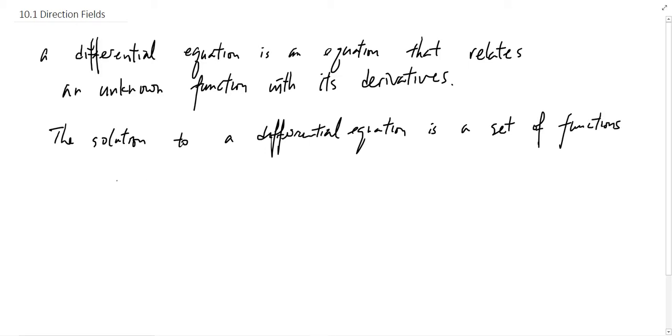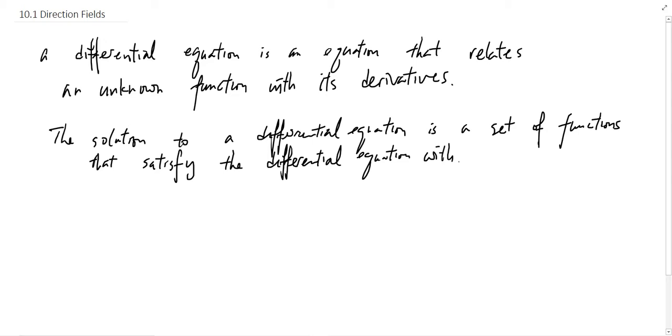So it could be more than one that satisfy, maybe my mistake, this probably should circle with the functions. So it's a set of functions that satisfy the differential equation when the function and its derivatives are put into the equation.